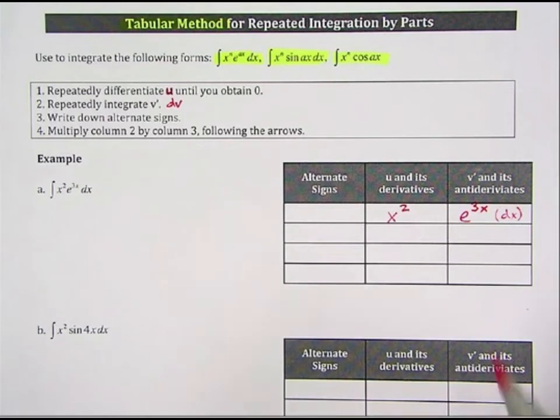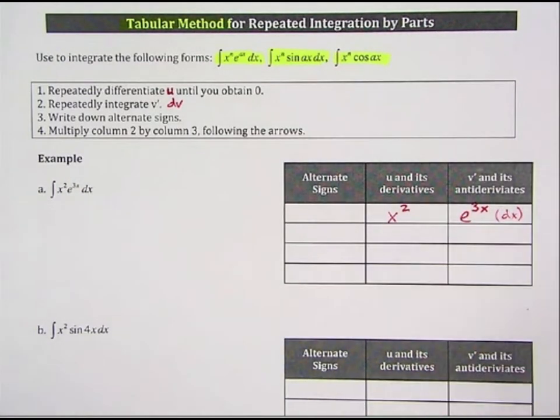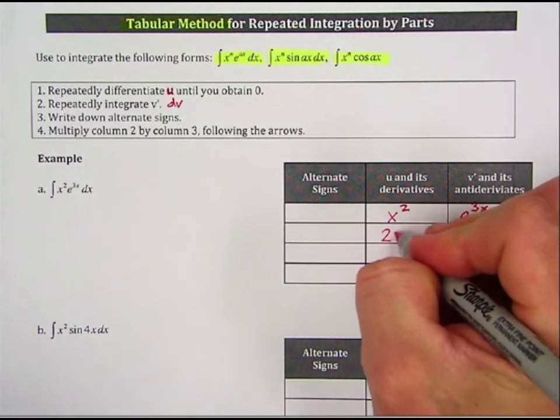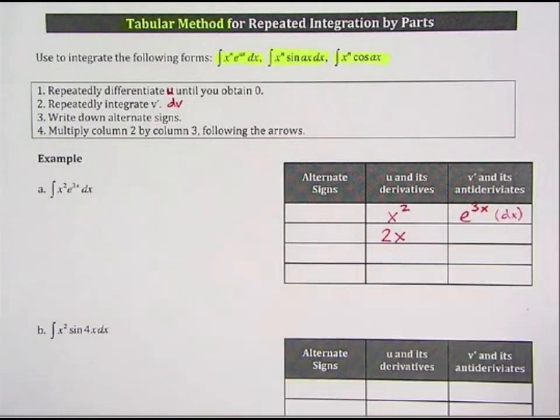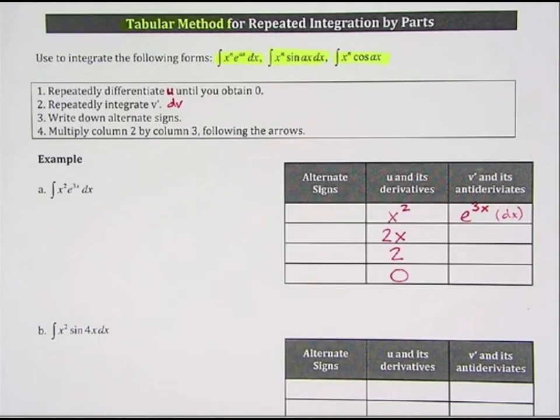So first thing you want to do is look in this column and find all the derivatives of u down to 0. Okay, so x squared, derivative is 2x, derivative of 2x is 2, derivative of 2 is 0. And since this is pre-planned, the boxes fit perfectly. It's not going to happen like that, obviously, in your assignment.